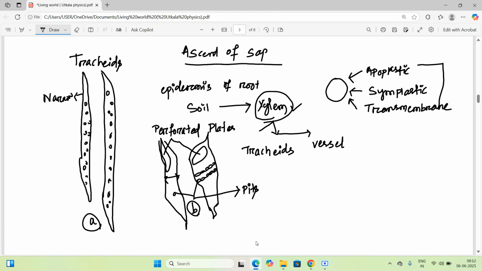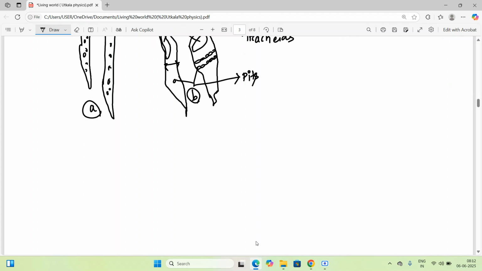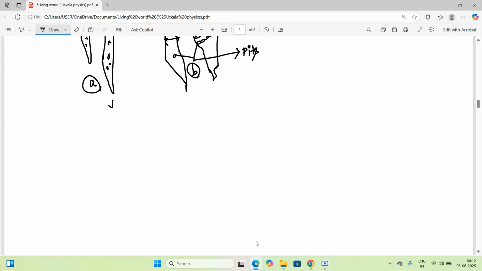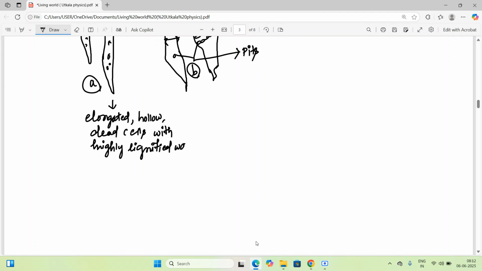And what are tracheids? Tracheids are elongated and hollow, made up of dead cells with highly lignified walls.